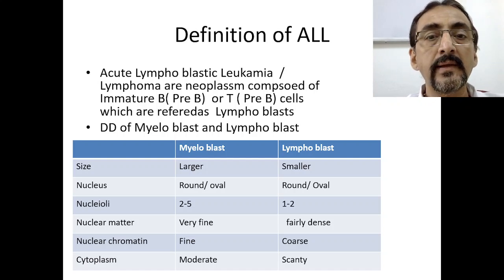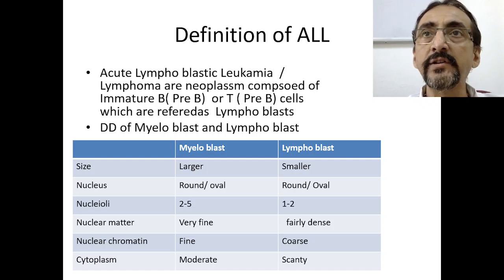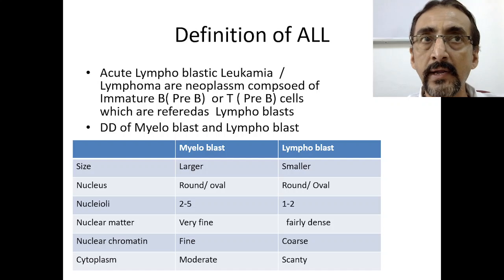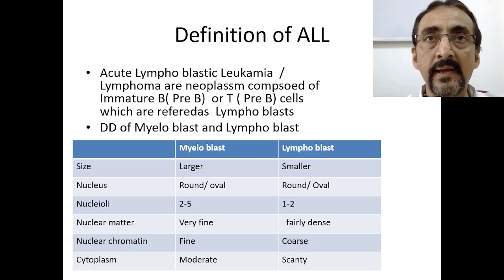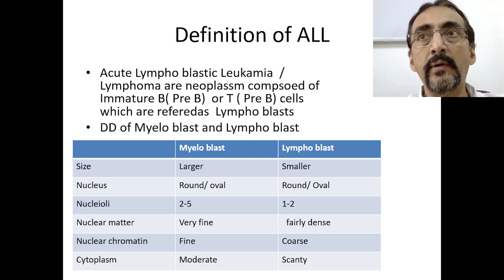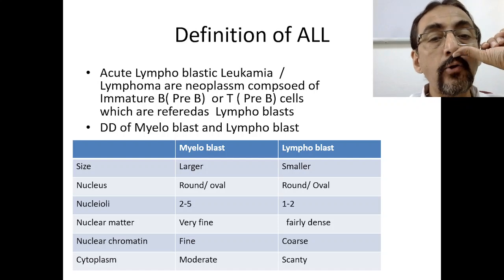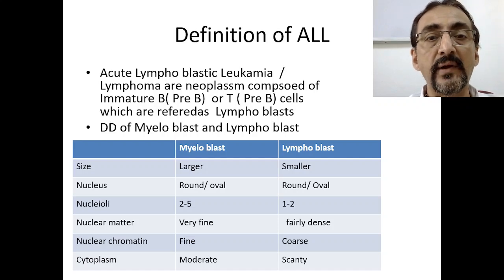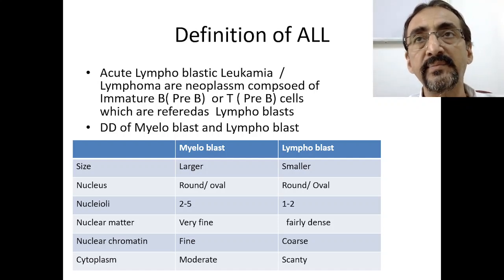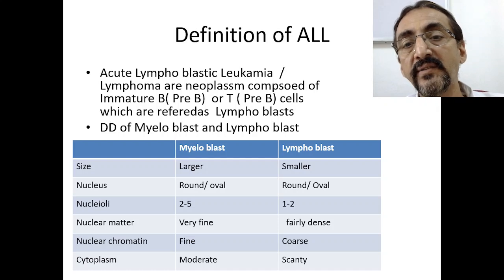But histologically we can differentiate them, myeloblast and lymphoblast, and we can come to an accurate diagnosis of whether it is ALL or AML, because the prognosis is quite good in ALL if you give radiotherapy and chemotherapy. Now, the size of the myeloblast is quite larger, whereas the lymphoblast is small. The nucleus in the myeloblast is round and oval, and in the lymphoblast it is also round and oval.